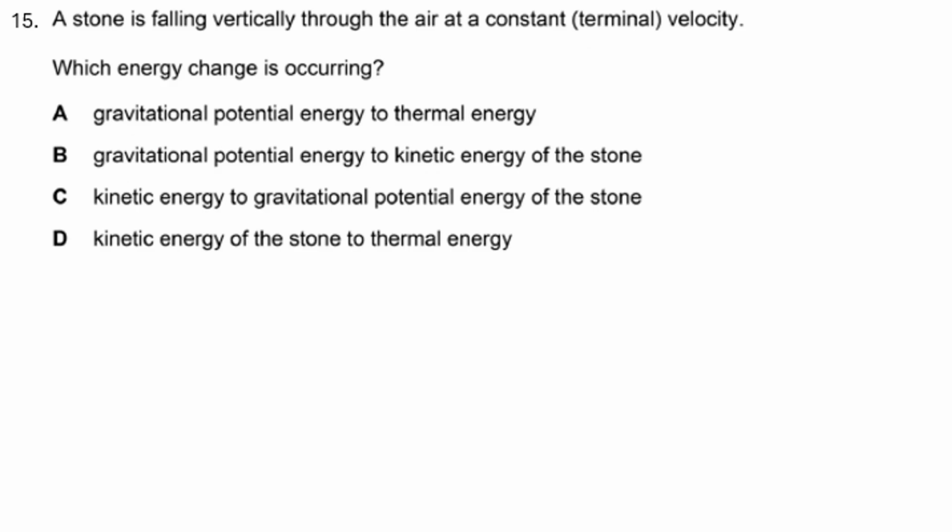For number 15, a stone is falling vertically through the air at a constant terminal velocity. Which energy change is occurring? So if a stone is falling vertically through the air, we know that the gravitational energy is going down and is being converted to kinetic energy of the stone due to the conservation of energy.